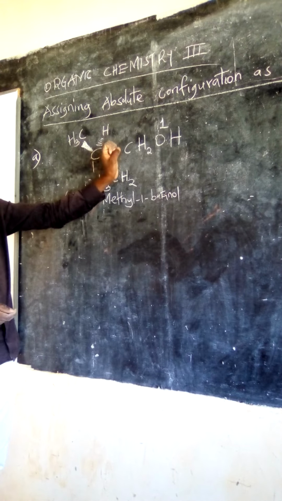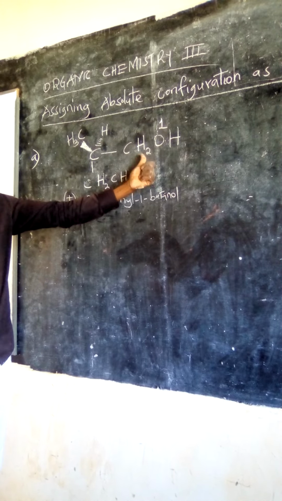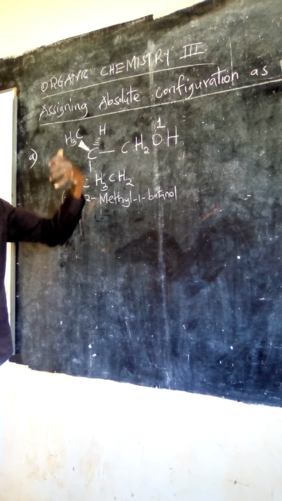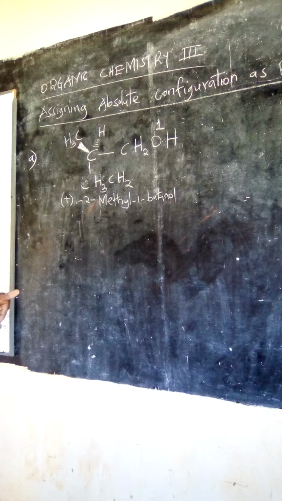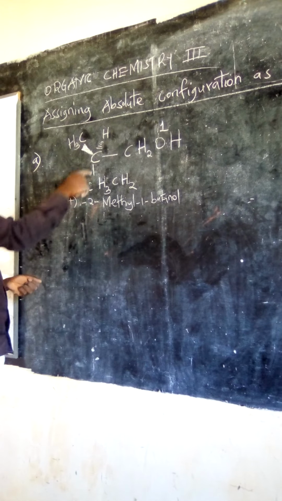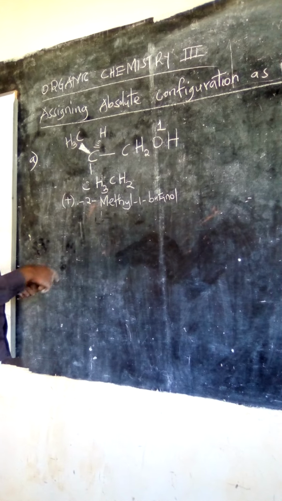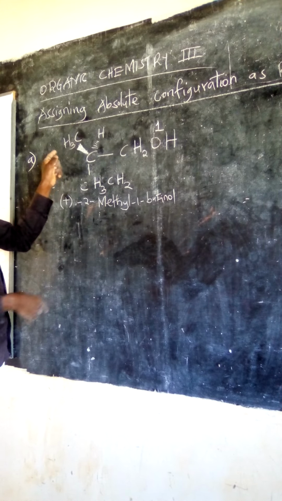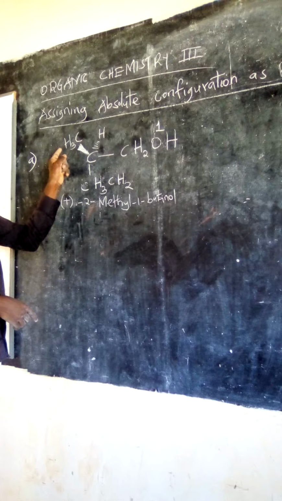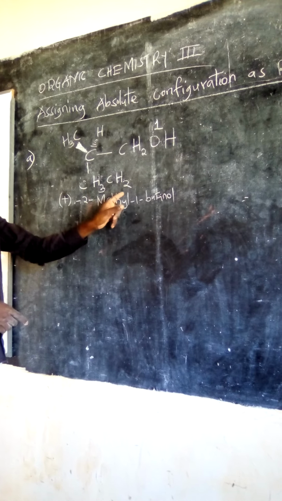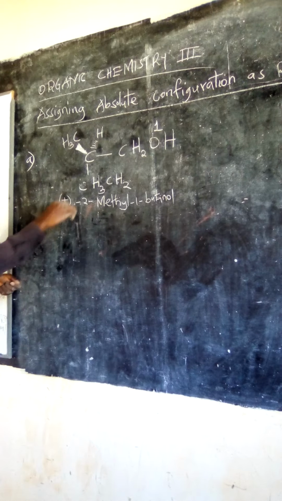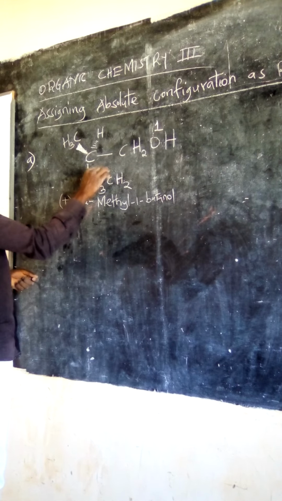Now, after assigning CH2OH priority number 1, I'll move and assign priority number 2. Among the remaining 3, you realize that CH3CH2 has a higher atomic number than the other 2, and therefore I'll assign CH3CH2 the second priority, and give it priority number 2.